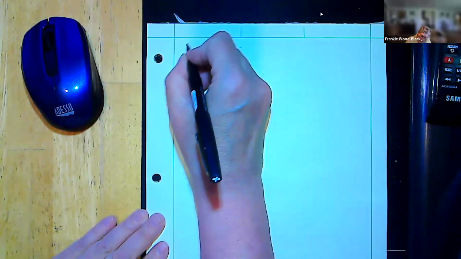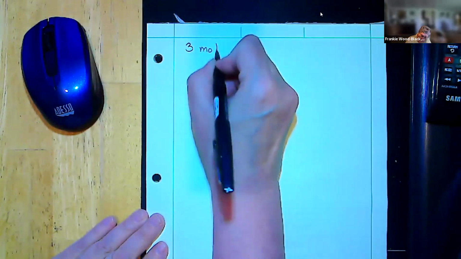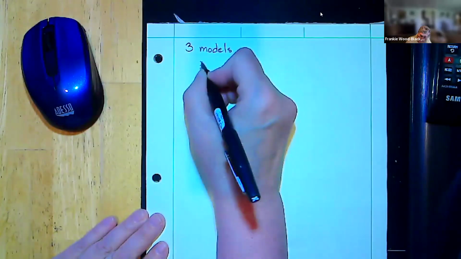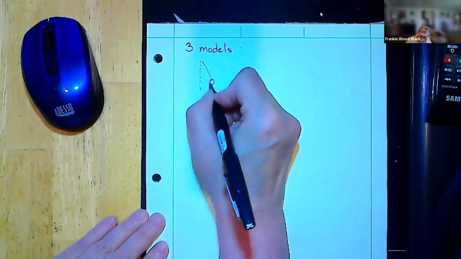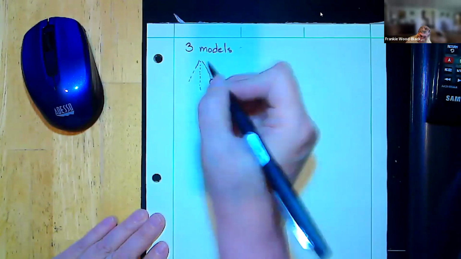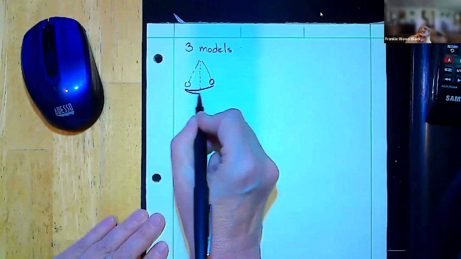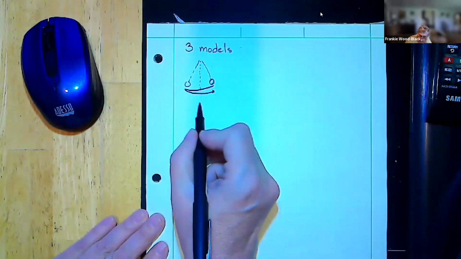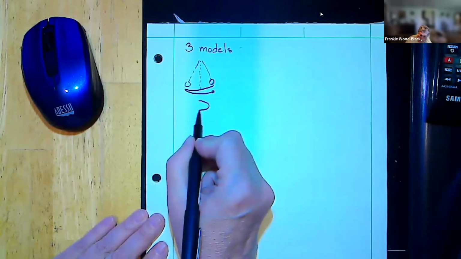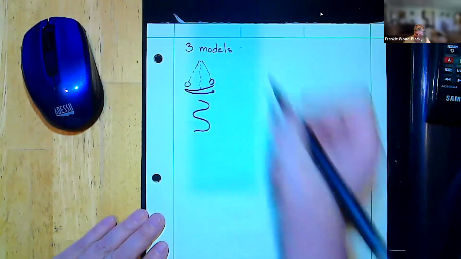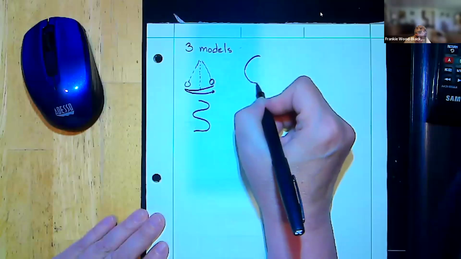So let's talk about our 3 models. We have 3 models of simple harmonic motion. The first is our pendulum. And our pendulum will go a complete cycle, come back and forth. And if I were putting a pin on it, I'm going to get something that looks like this. We have our unit circle.